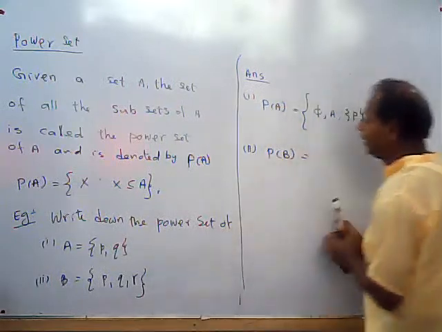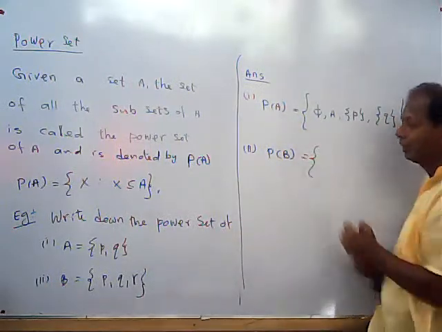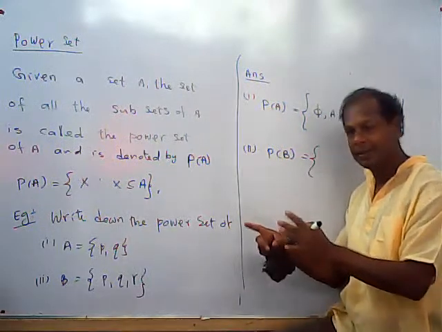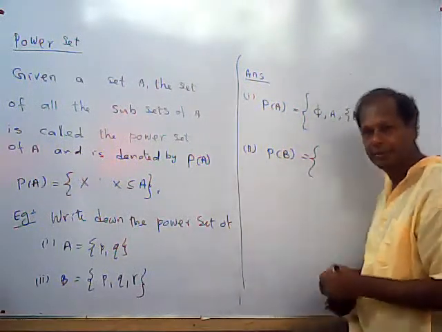And for B, the power set again consists of the null set and the set B itself.